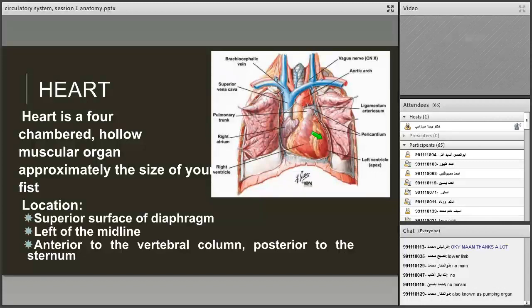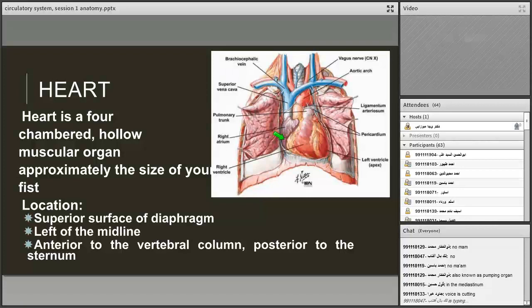2/3 of the heart is on the left side of the body, and 1/3 is placed on the right side. So, we can say that the heart is placed on the left side of the body. Okay?